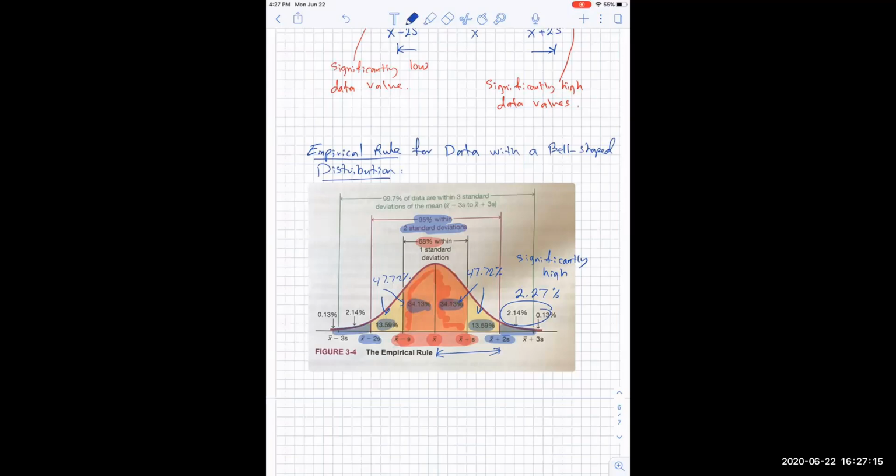If you combine these, 2.27%. These are the significantly low values.